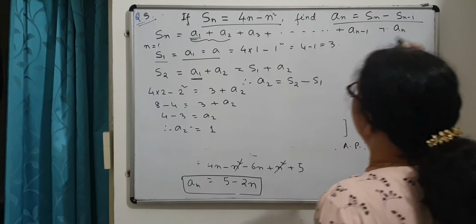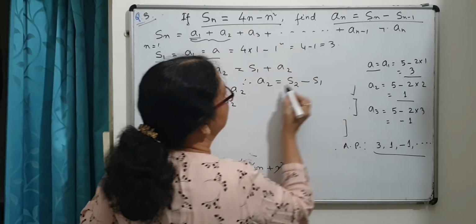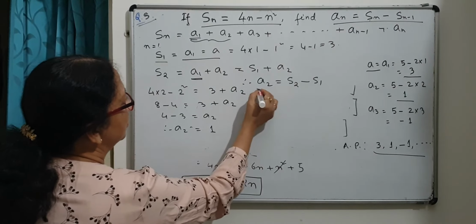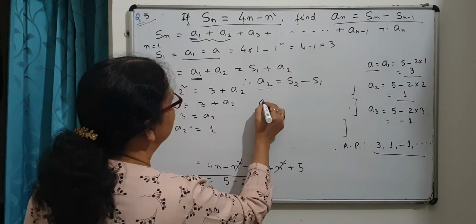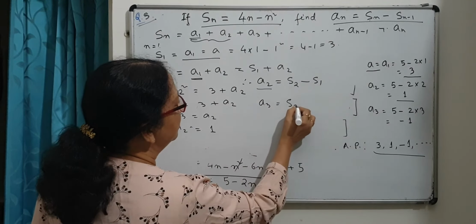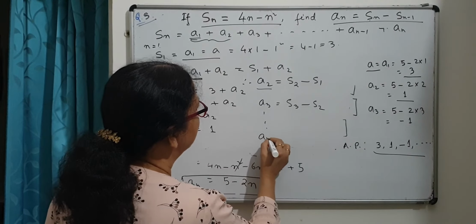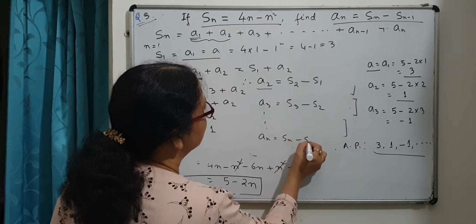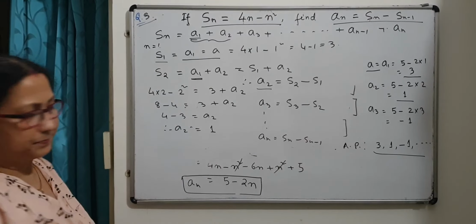This was the formula. So you see, A2 is S2 minus S1, this formula I have used. So in this way I can find A2. Similarly, what will be A3 then? A3 will be S3 minus S2. In this way we can also write An is S of n minus S of n minus 1.